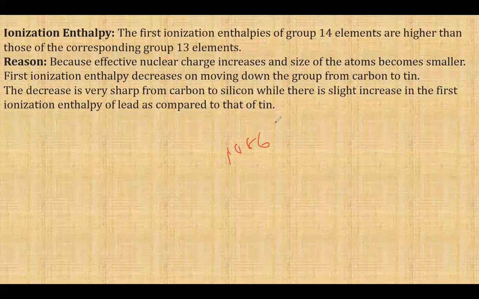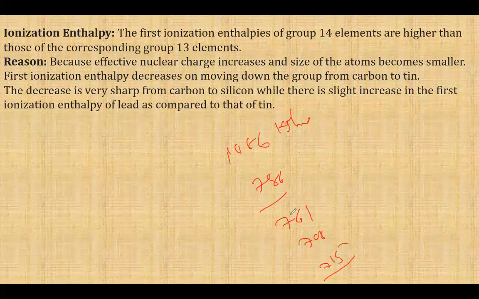1086 kilojoules per mole to 786 kilojoules per mole for silicon. Silicon to germanium 761 kilojoules, and after that 708 and 715 kilojoules. You need to notice that it will be decreasing.